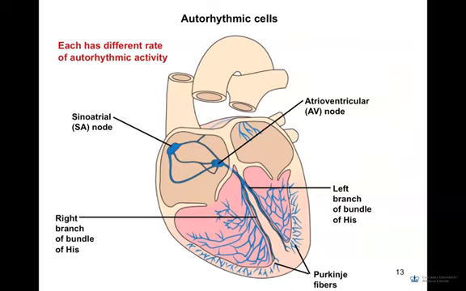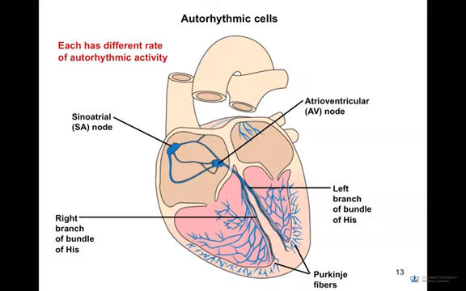The autorhythmic cells are scattered throughout particular locations within the heart. And these autorhythmic cells are also connected to each other through fibers that are similar to the neuronal axons that we've studied in the nervous system.